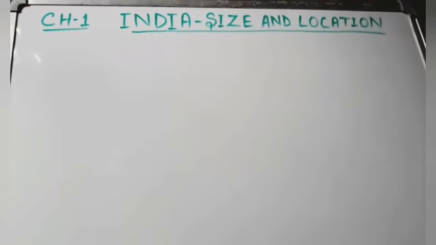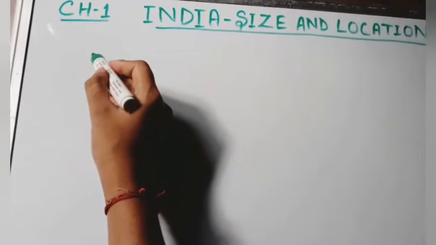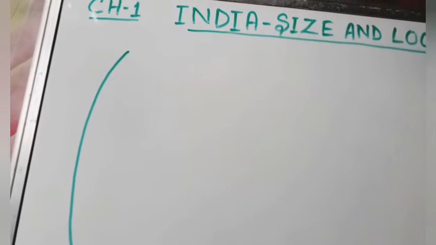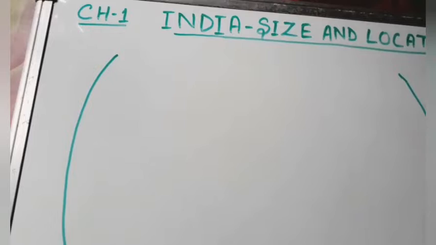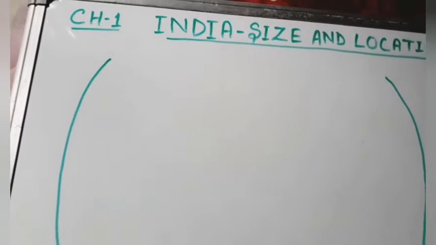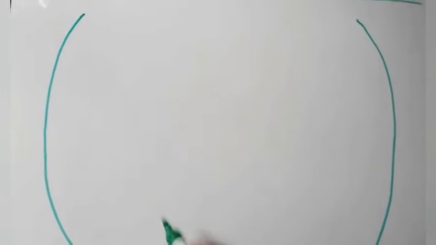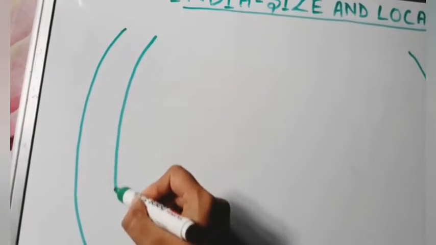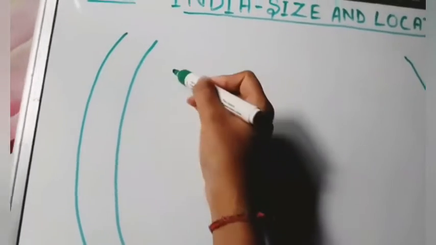Okay, so we will discuss how India is located on the latitudes and longitudes. In the previous classes you learned about longitudes and latitudes. Suppose this is Earth. I'm explaining latitudes and longitudes in this way now.